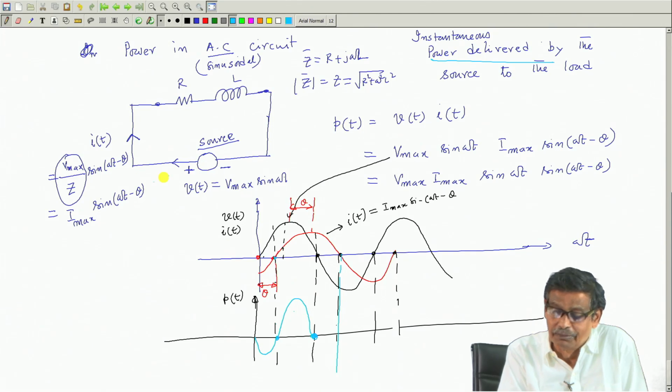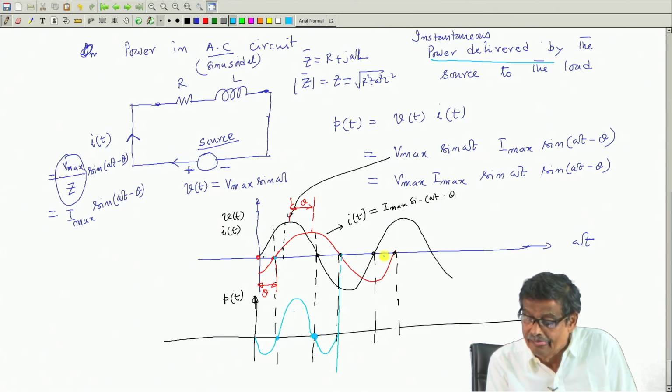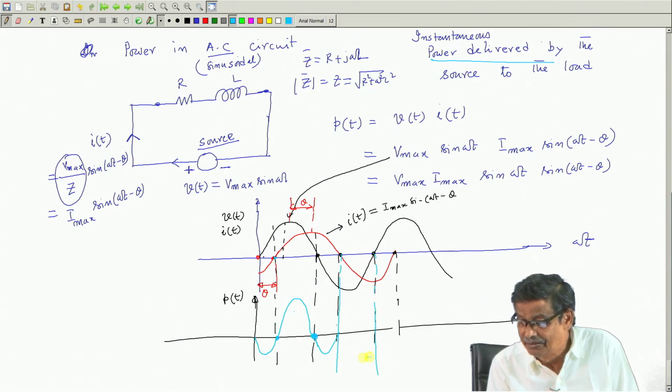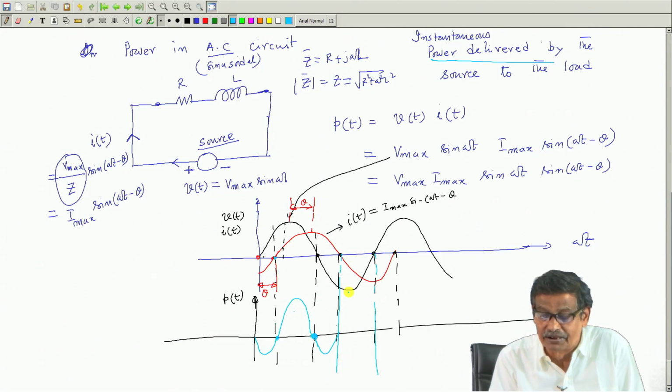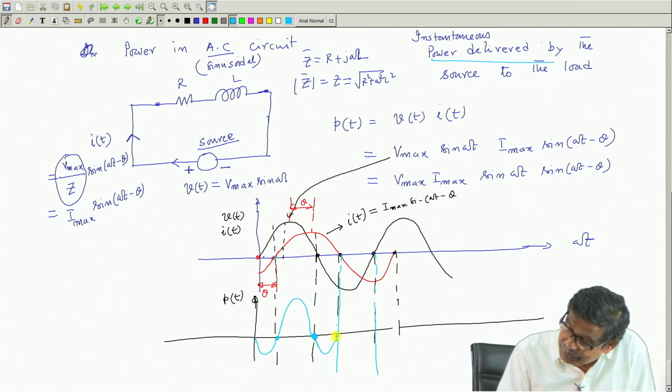Therefore, polarity will be such that it is pumping power back to the supply. And in this zone, both voltage and current have reversed. So, once again it will deliver power, product will be plus. So, it will be like this.